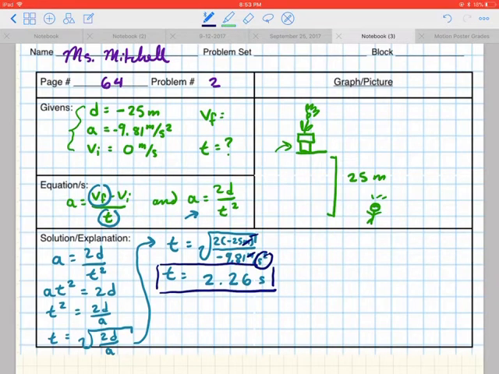All right, now we can find our final velocity, because now we have another piece. So now that we have that, we can do the second part, and we can use this equation. Beginning with a equals vf minus vi over t, the original equation we had for acceleration, let's solve that for vf.